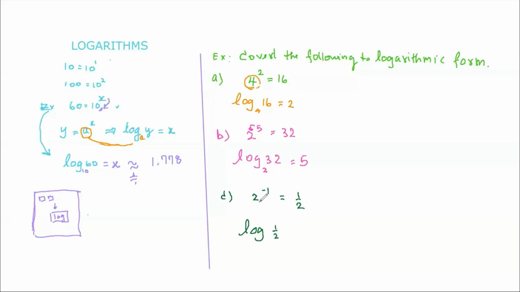The base of the exponent is equal to the base 2 here. Write it down here, and negative 1 moves down to take the place of the number 2, so it becomes negative 1. Okay, so this example converts from exponent to logs.